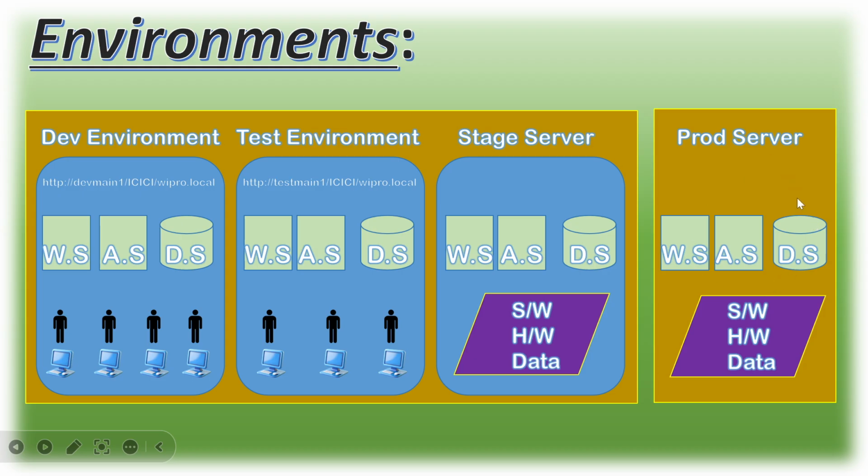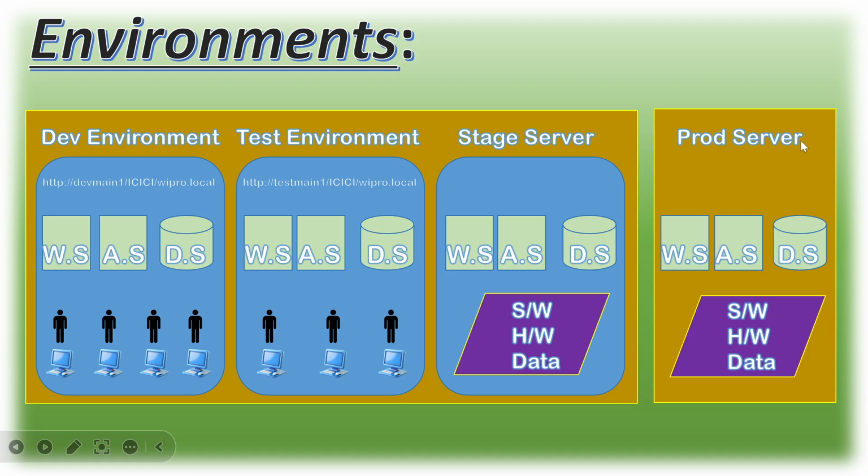The production server is a highly configured server located at the customer's place. It is an environment accessed by the real users, or end users. It is highly configured since it is accessed by multiple users.